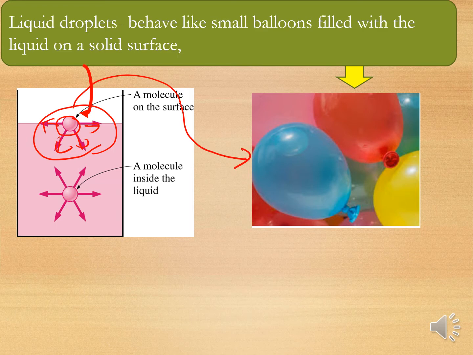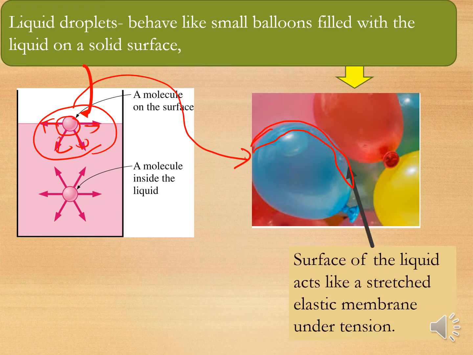If you look at the area here, it seems like it is under tension force. The surface of the liquid acts like a stretched elastic membrane under tension. Of course, when you try to push it, there's a force trying to rebound back.